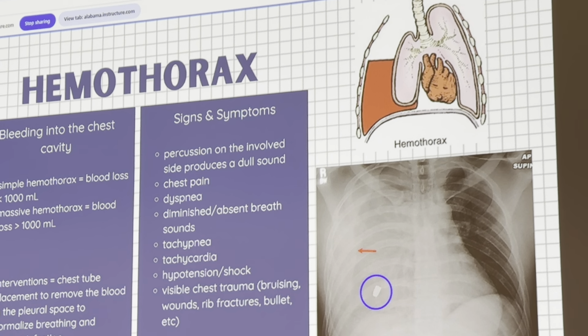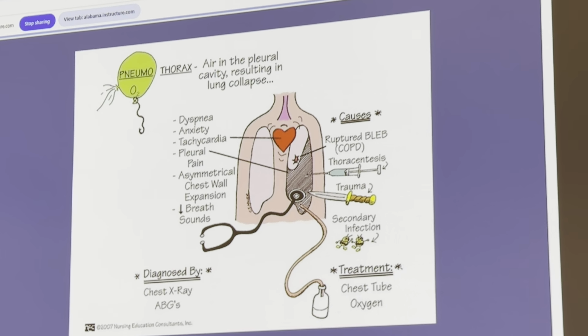Questions about a pneumothorax? I have one. I know it takes a while to get a chest x-ray and stuff. How long do these patients have when they start getting a pneumothorax before it becomes life-threatening? It really depends on how fast this is progressing. Hopefully you've caught it early enough and you start to see a steady decline in your patient's respiratory status.